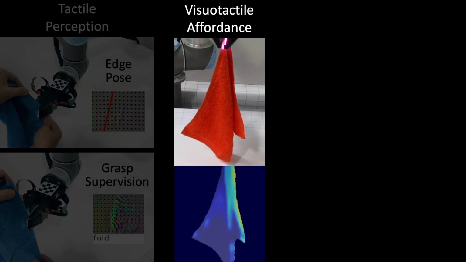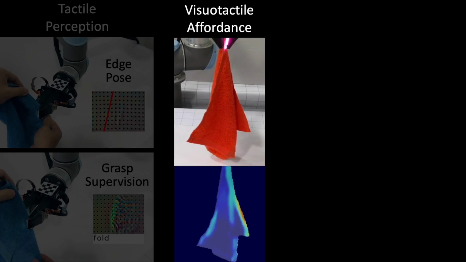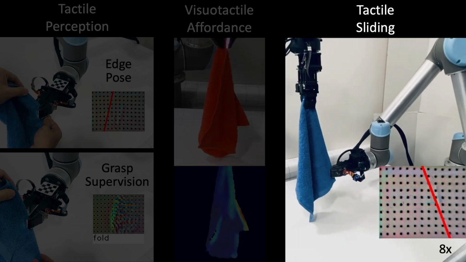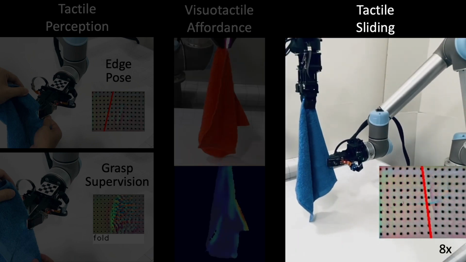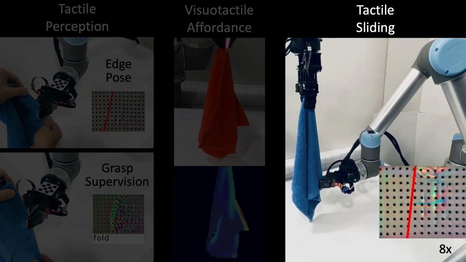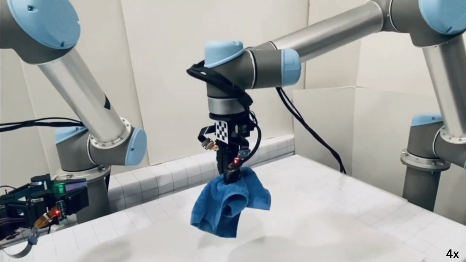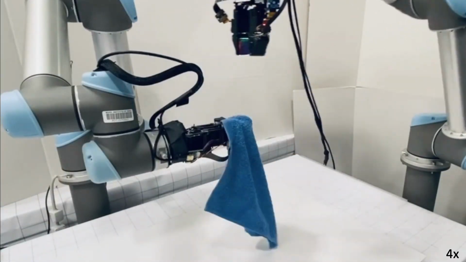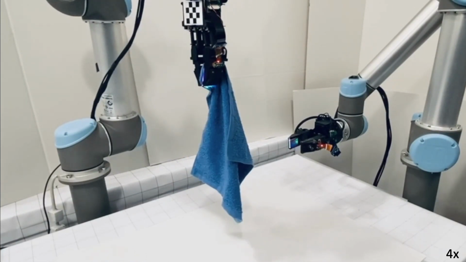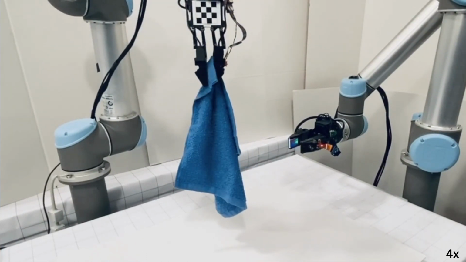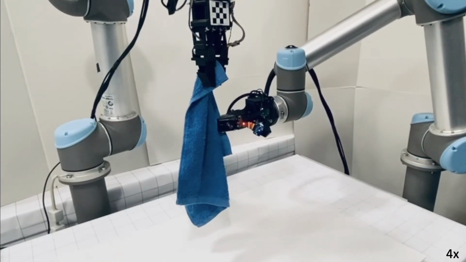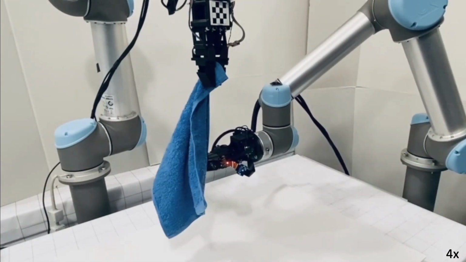We also introduce a novel visuotactile grasp affordance network for grasping edges, and develop tactile controllers to slide along an edge both vertically and horizontally. And ultimately, we demonstrate how all of these components, using visual and tactile perception and control of local features like corners and edges, can be used together in a cloth manipulation system for tasks like unfolding and folding.